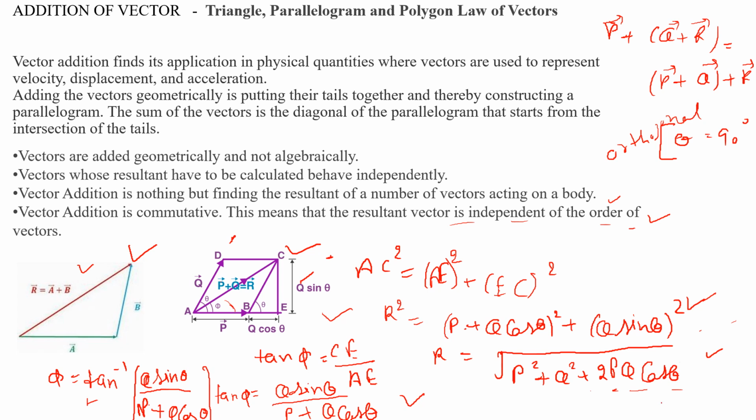Next, R minimum, then R is equal to P minus Q. If P is not equal to Q, R minimum is not equal to 0. That is, the resultant of two vectors of unequal magnitude can never be 0.